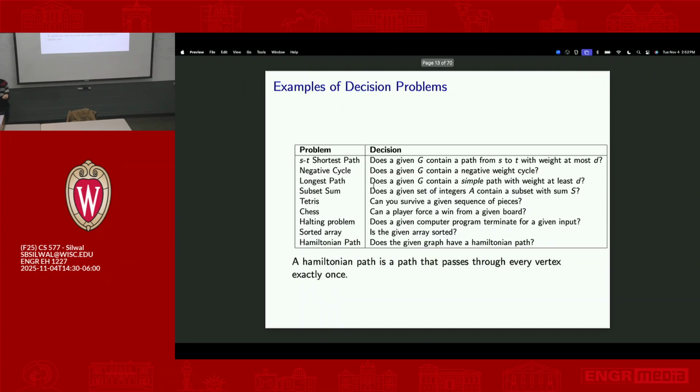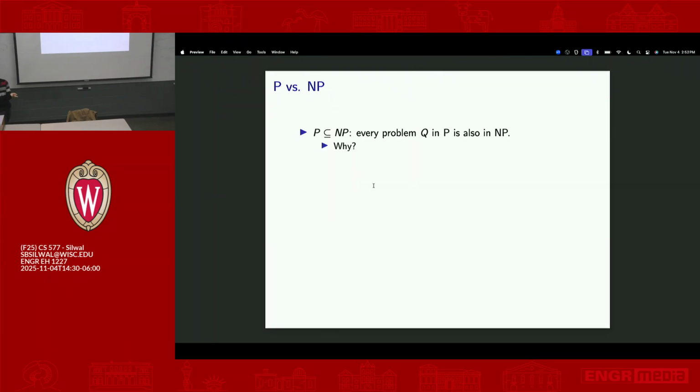And that intuitively makes sense. Any problem that's easy to solve is also easy to verify. I just solve the problem, and because I've solved it, of course I know whether it's a yes or no. Like I said, the verifier just solves the instance and ignores whatever you give it as the certificate, because we know there's a polynomial time algorithm.